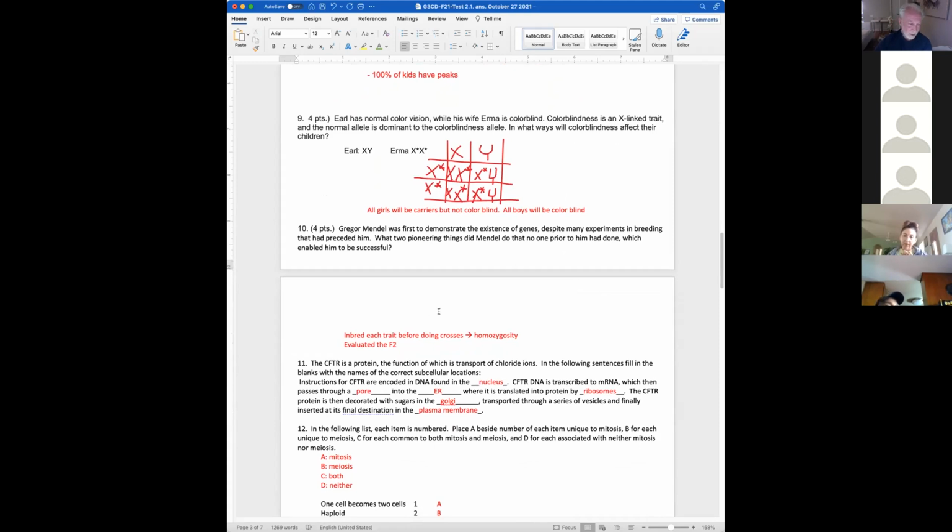The two things are he first inbred each trait before doing crosses, and secondly, he evaluated the F2 generation. So these are the only answers that I would accept. Some of you put down many other things that he did, but none of them was key to his success. It was these two things that allowed him to deduce that genes exist.